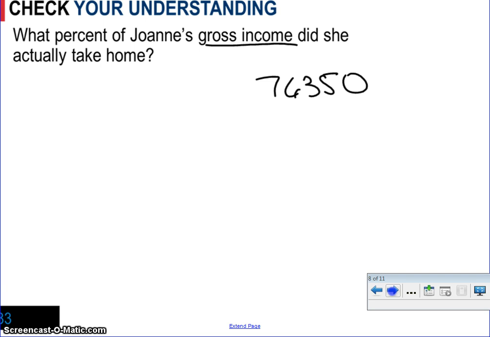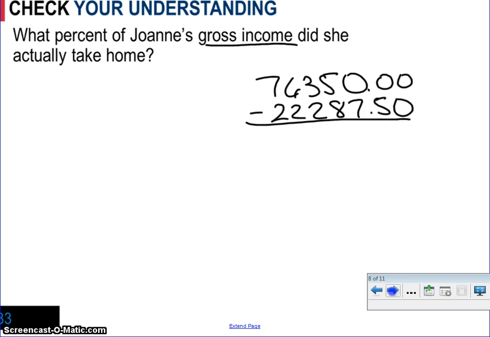And we know that she paid $22,287.50. So we're going to subtract the two so that we can get her take-home pay, which was $54,062.50.